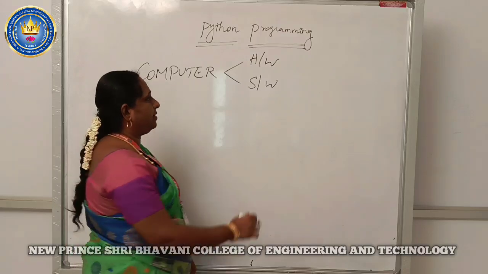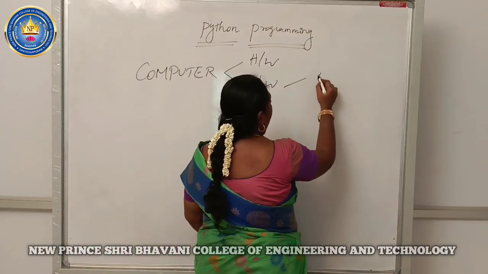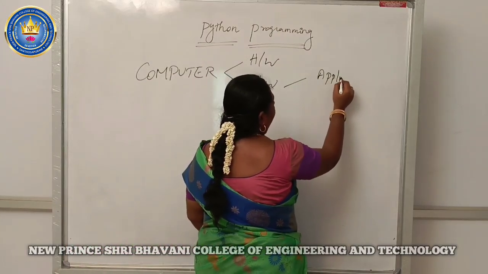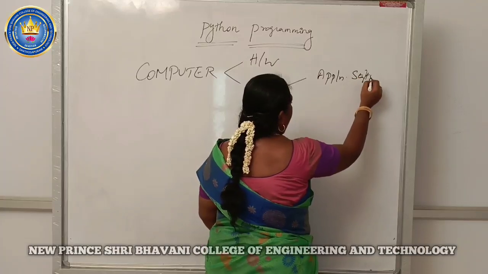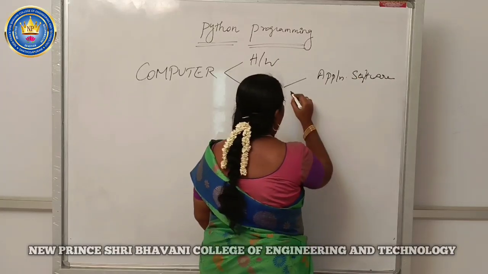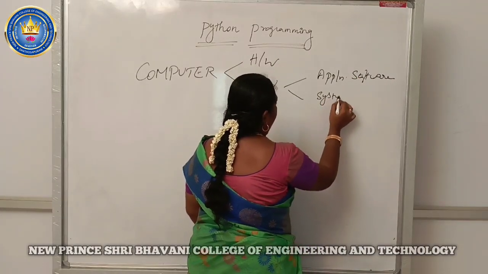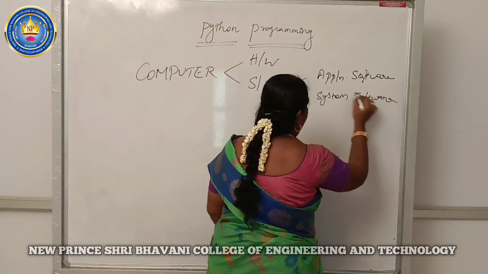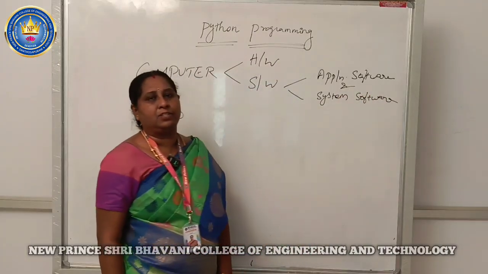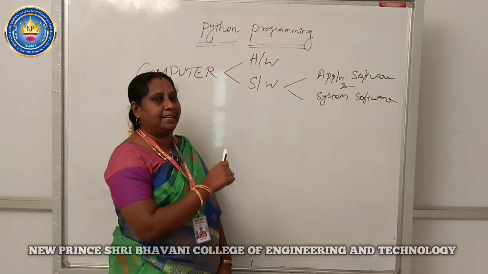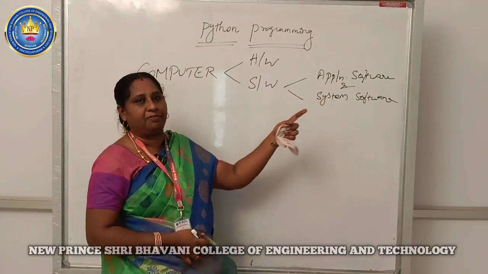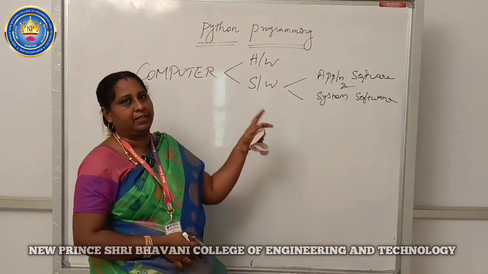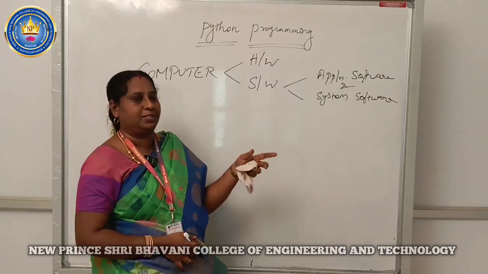So this software can be classified into both application software and system software. As the name implies, this application software is particularly useful for some specific application to be solved.